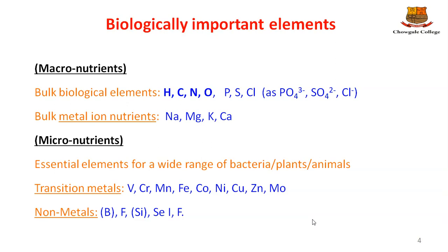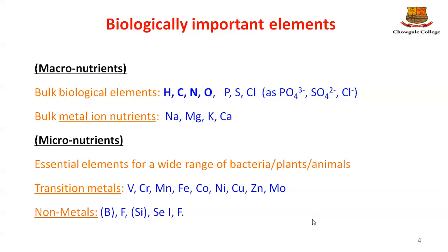Besides these, there are also certain metals that are required in small traces, or what we call the micronutrients. For example, the transition metals like vanadium, chromium, manganese, iron, cobalt, nickel, copper, zinc, and molybdenum, all these are called micronutrients.